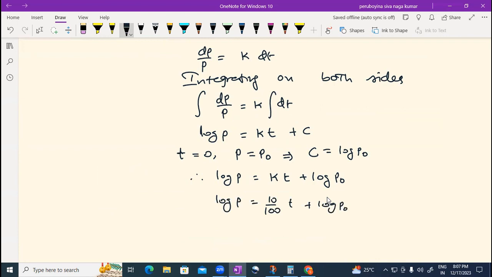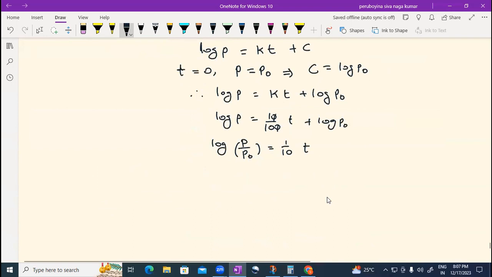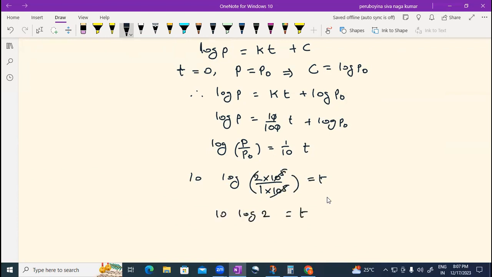You can move this part here. So log P by P naught is equal to, you can cancel, 1 by 10 of T. So move this one. 10 into log of 2 into 10 power 5 by P naught, 1 into 10 power 5, 1 lakh, is equal to time. So 10 power 5 got cancelled. So 10 into log 2 equal to T.